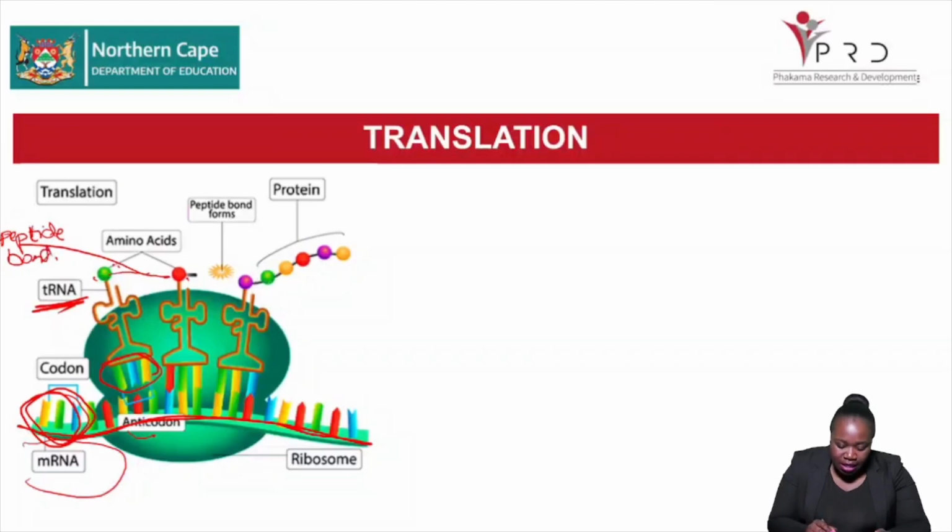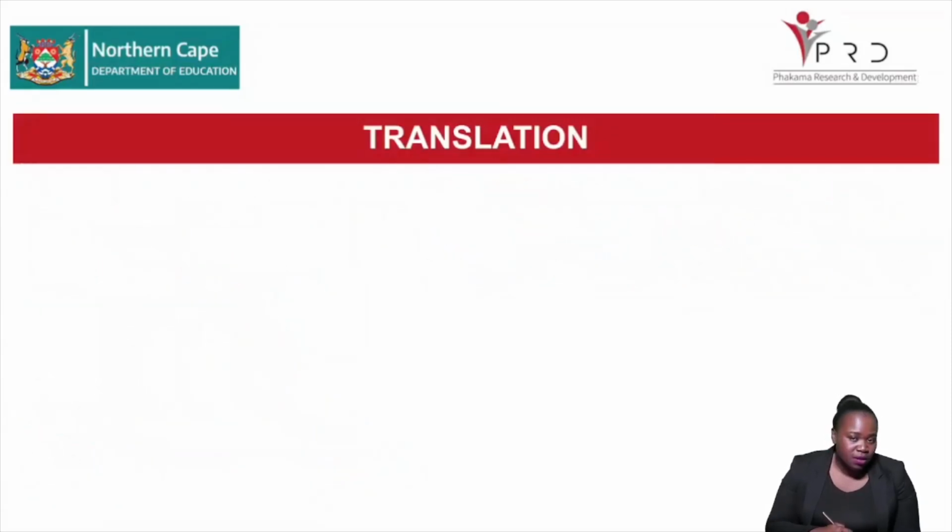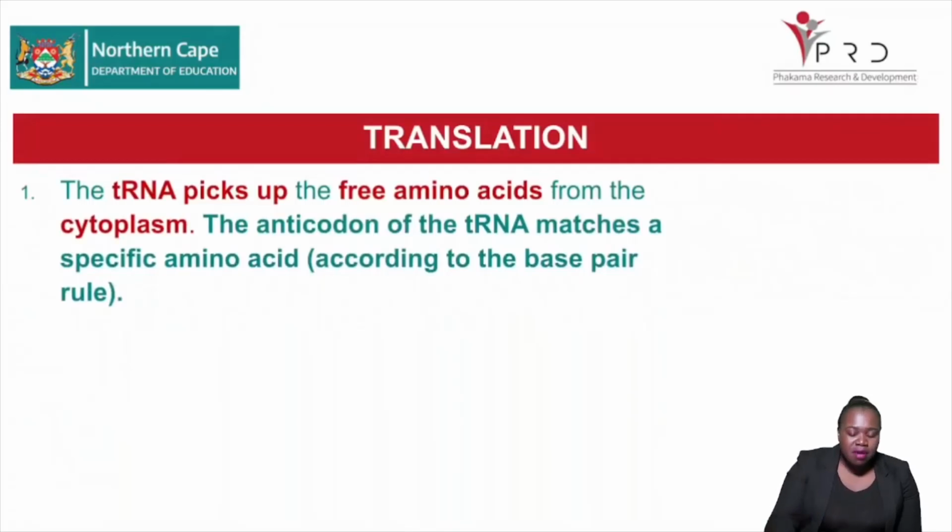And as they are joining by this peptide bond, they are going to form a protein. And down here we have that ribosome, and this would be the process of translation. Okay, so here the tRNA is involved in translation, and at the base of the tRNA, which is down here, that is where we have the 3 adjacent nitrogenous bases, which are called the anticodons. Anticodons are found at the base of the tRNA molecule.